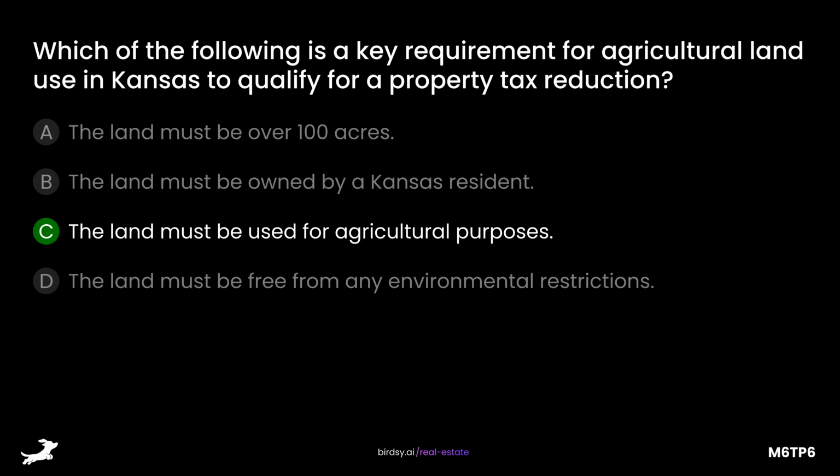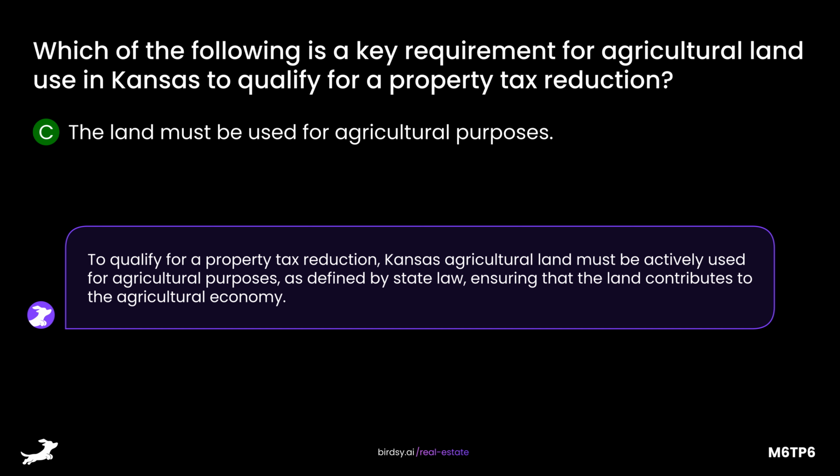The answer is C, the land must be used for agricultural purposes. To qualify for a property tax reduction, Kansas agricultural land must be actively used for agricultural purposes, as defined by state law, ensuring that the land contributes to the agricultural economy.